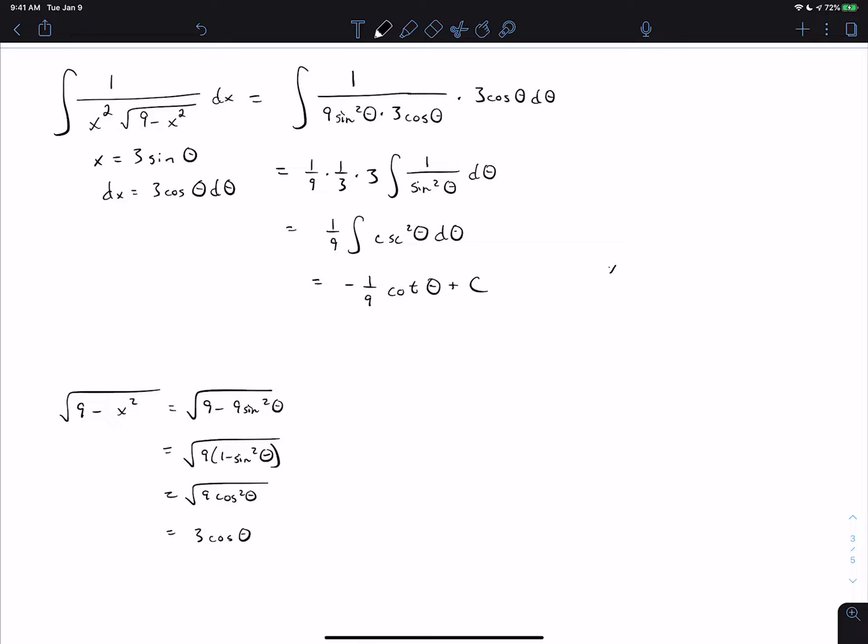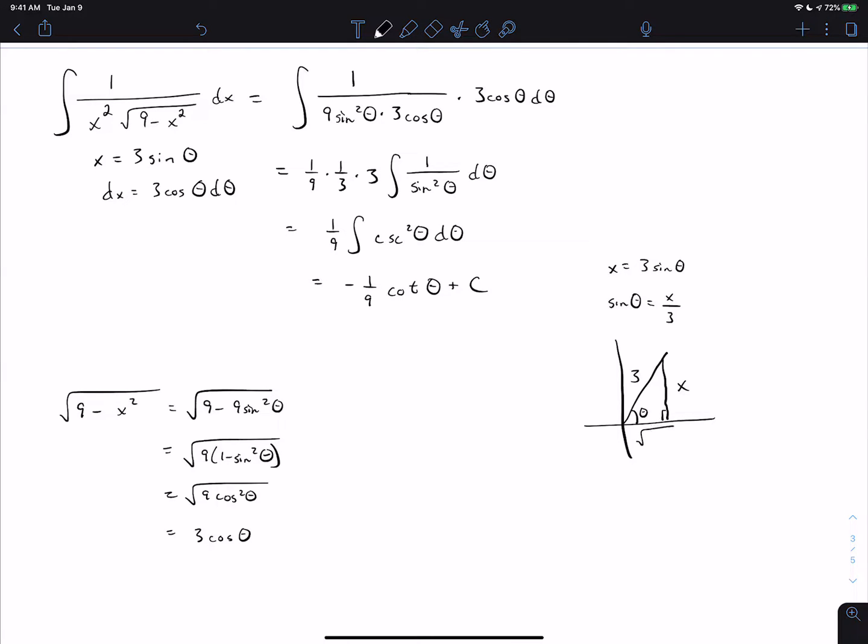And now we draw a triangle. We have x is 3 sine theta. We solve for sine theta and get sine theta as x over 3. We draw an angle in the first quadrant, and we have theta here. We label the opposite side, or the y side, as x, and the hypotenuse, or the r side, as 3.